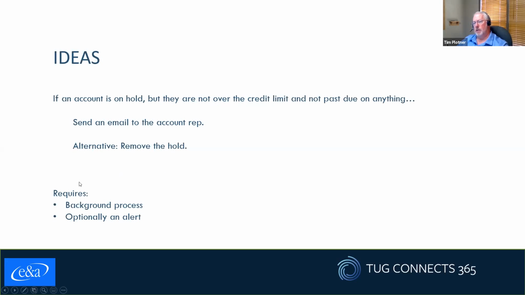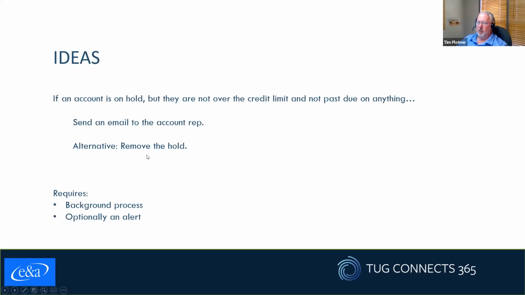So here's a second scenario. If an account is on hold, so that the customer's account is already on credit hold, but because they've paid some things, they ended up not being over their credit limit and not past due on anything, let me just go ahead and send an email to the account rep saying, hey, this customer might need to be released from hold, or alternatively, go ahead and release the hold and send an email to the account rep.